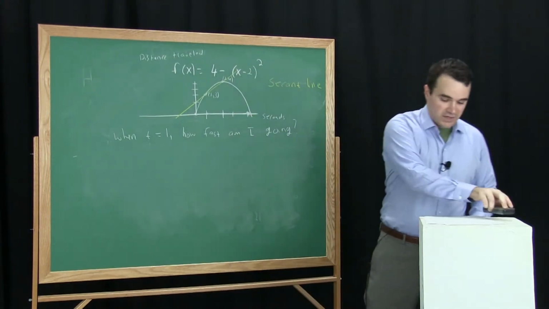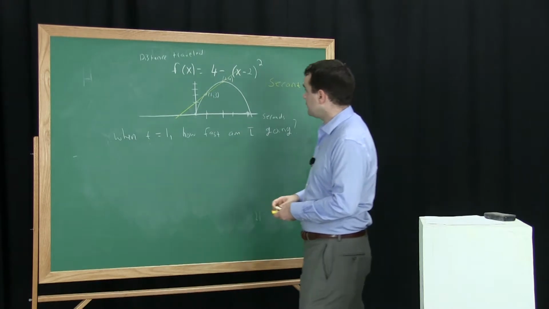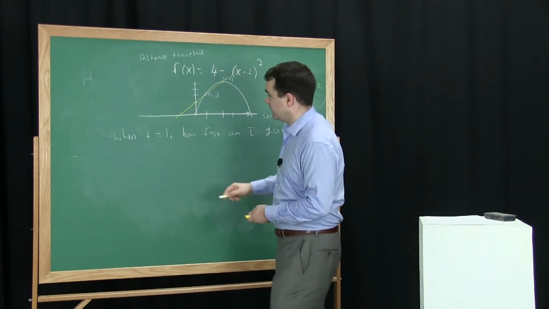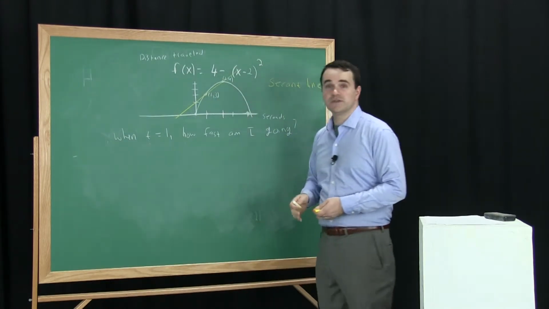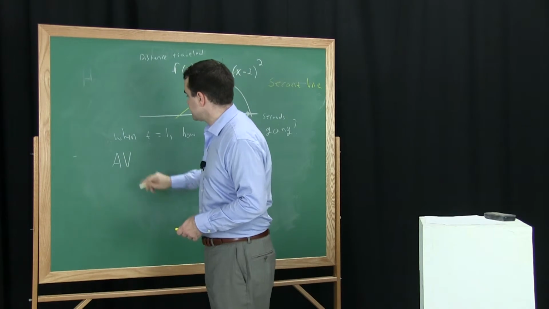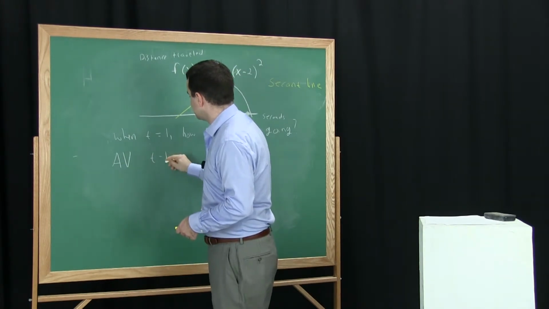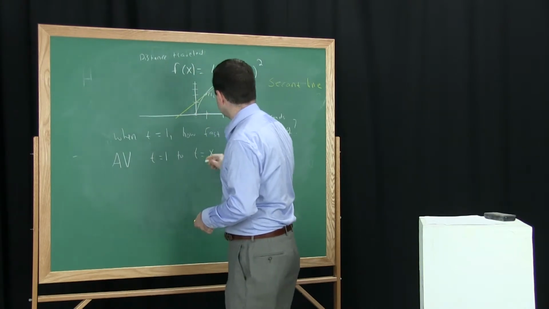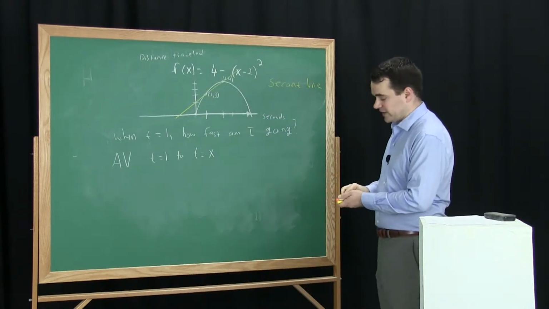So what if instead of going from t equals 1 to t equals 2, I just wanted to find the average velocity from t equals 1 to t equals some unspecified point x.